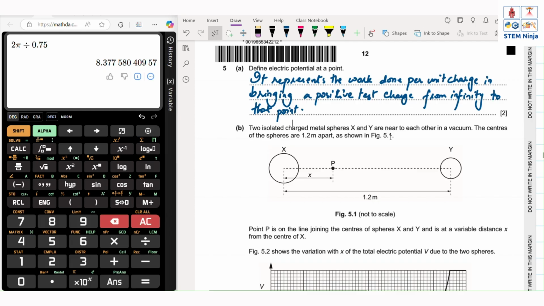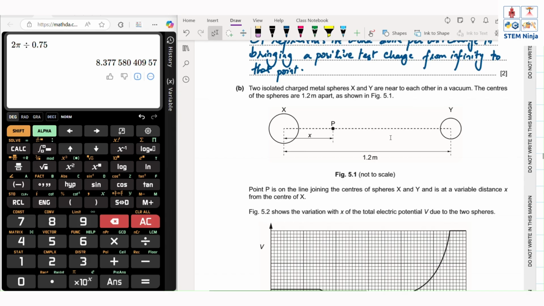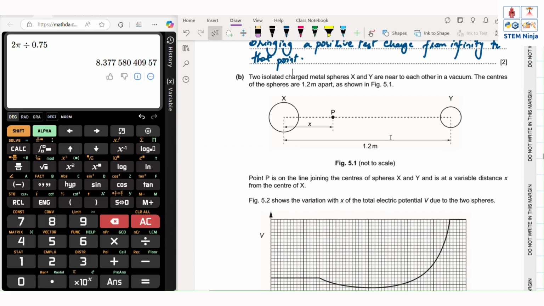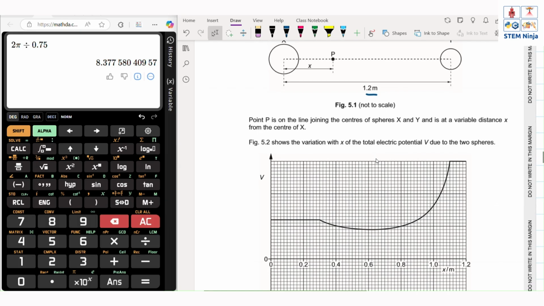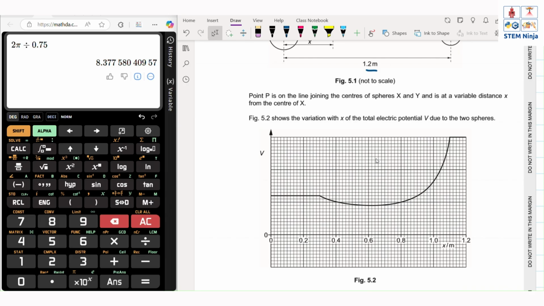Two isolated metal spheres X and Y are near to each other in a vacuum. The centers of the spheres are 1.2 meters apart. Point P is on the line joining the centers of spheres X and Y and is at a variable distance x from the center of X. Figure 5.2 shows the variation with x of the total electric potential V due to the two spheres.